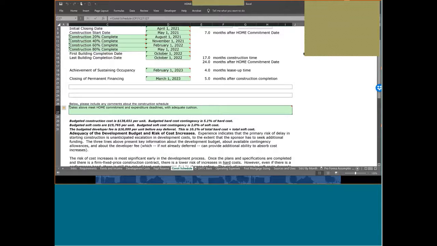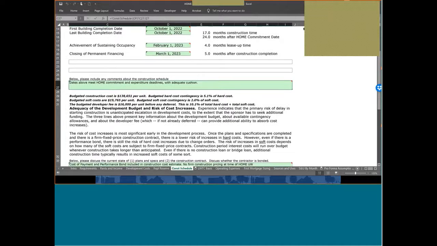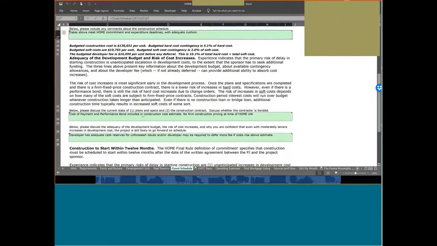And then you'll notice that a little bit below there's some formula narrative that shows various measures of the proposed development. And that as an underwriter, I filled in answers to certain HOME requirements, various information.